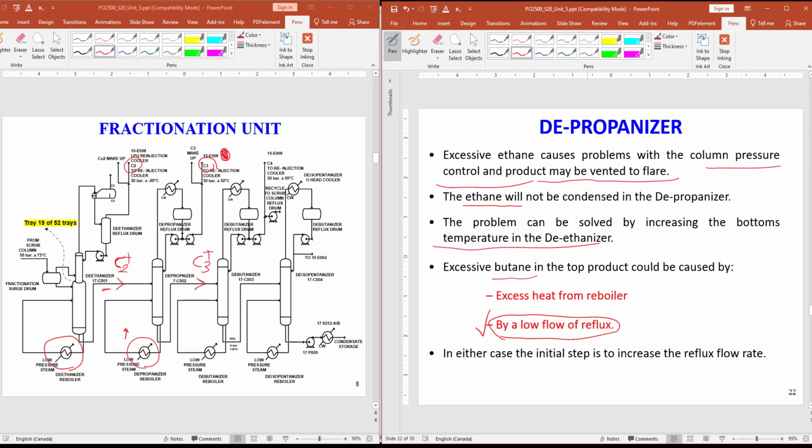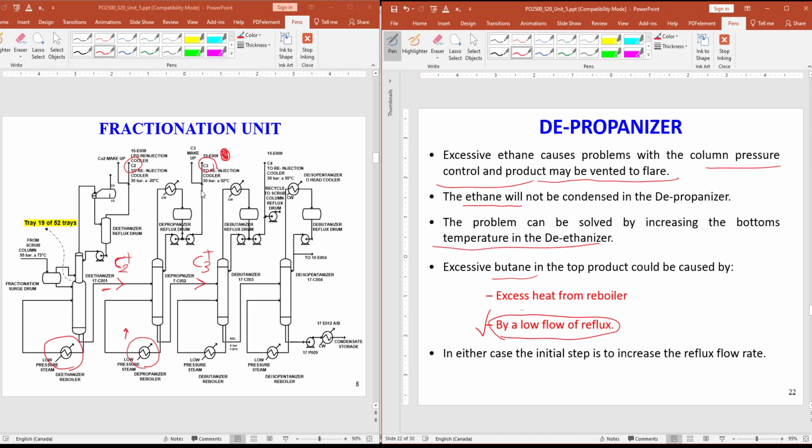Sorry, I just mixed up things here. The amount of butane or propane at the top here is the reason. Sorry, I just want to correct what I said.